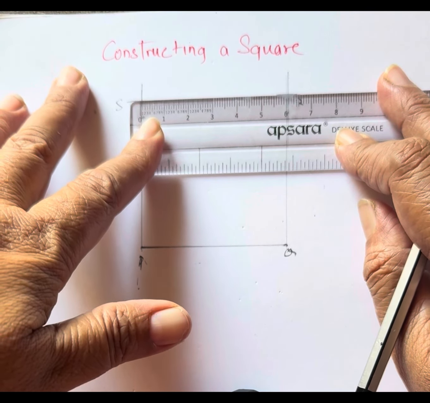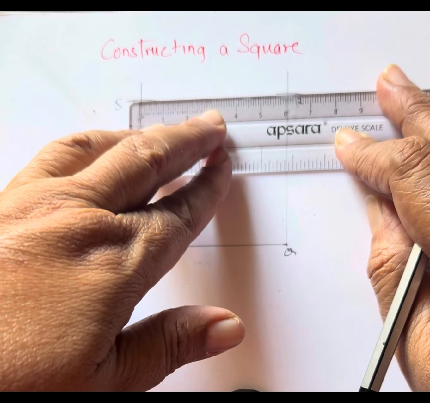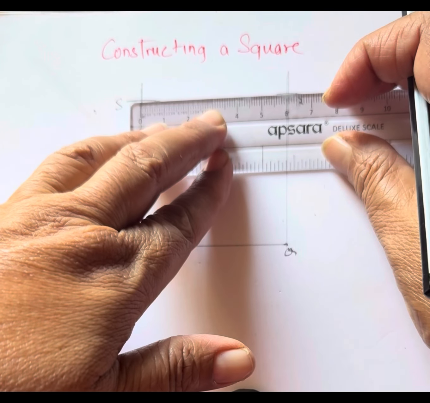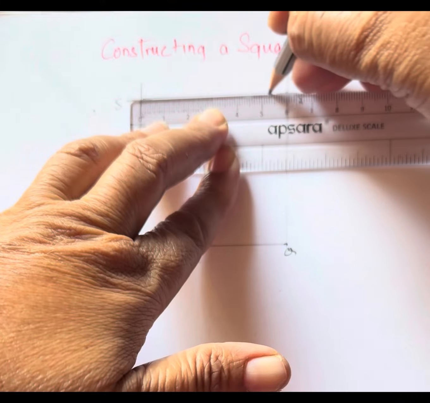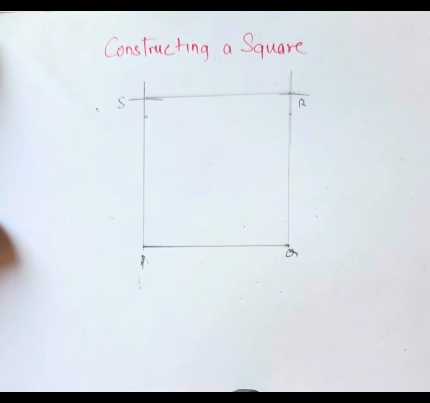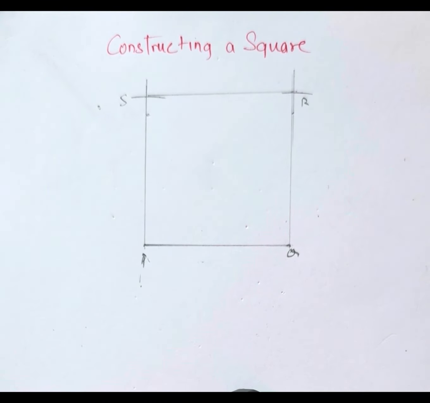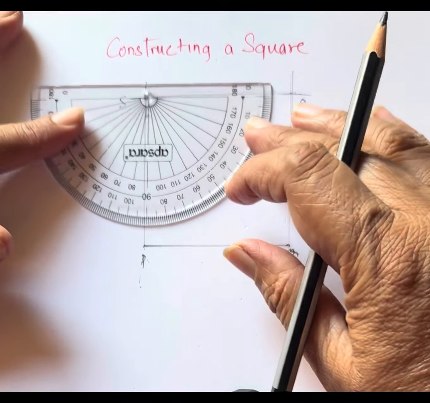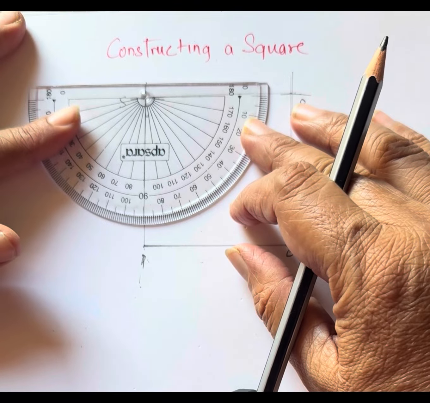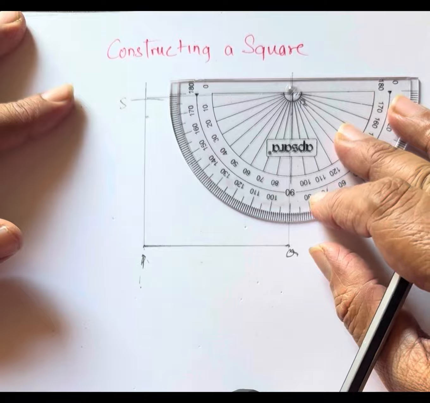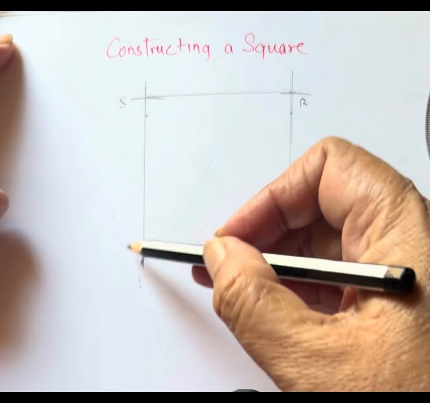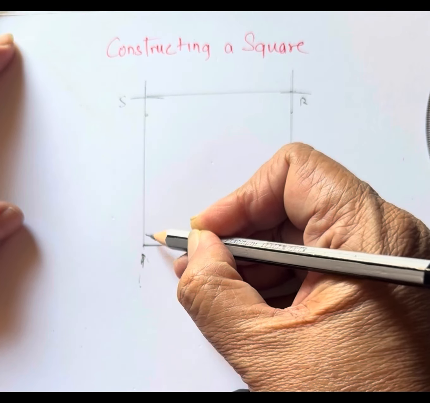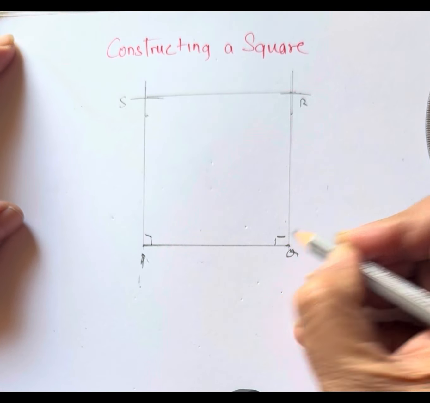But to reconfirm, we can measure the length properly. So this is 6 centimeter. Also, you can check the angle. So here it is 90. This is also 90 degree. We already drew these two as 90 degree.